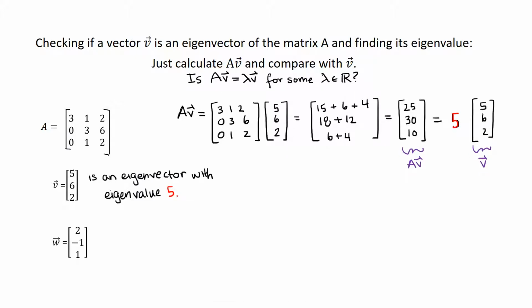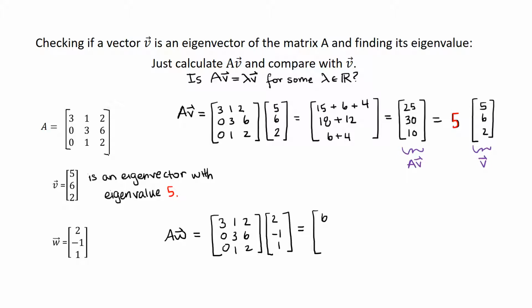Now we can do the same check with the vector w, if we want to know whether or not w is an eigenvector of the matrix A. I'm going to calculate A times w, and I get 6 minus 1 plus 2 as my first coordinate, negative 3 plus 6 as my second, negative 1 plus 2 as my third coordinate.